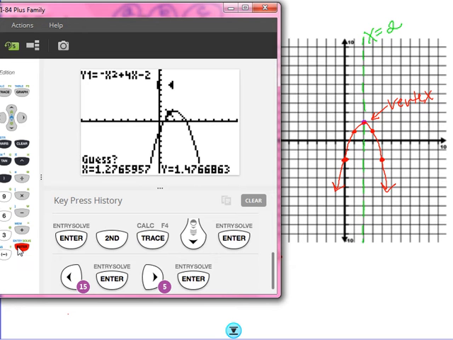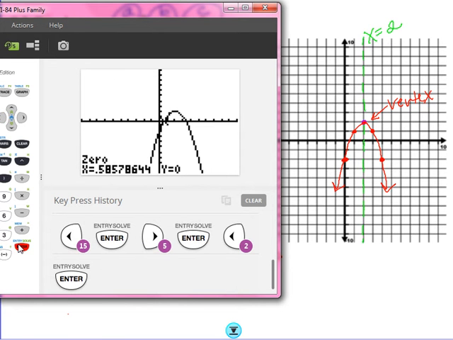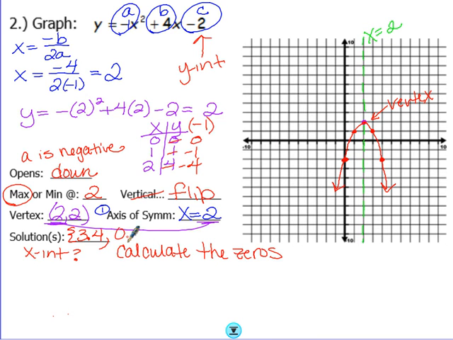Hit enter again. And then guess, so get close and hit enter. So the other one is approximately 0.59, or we could say 0.6. Next unit, we will learn how to actually calculate the zeros with our equation without using our calculator.